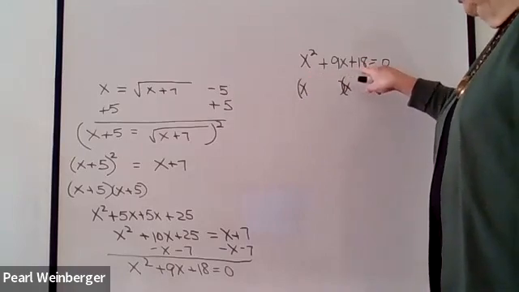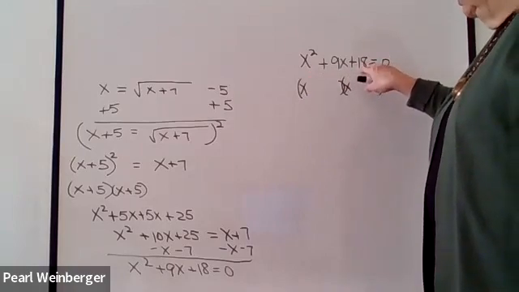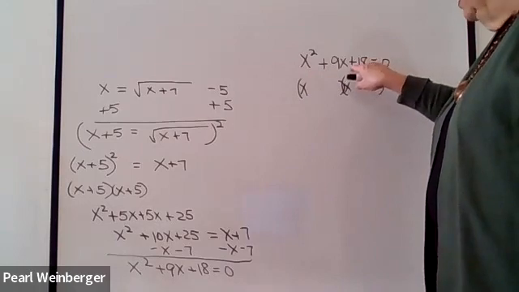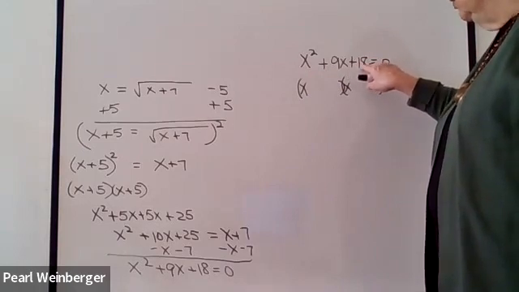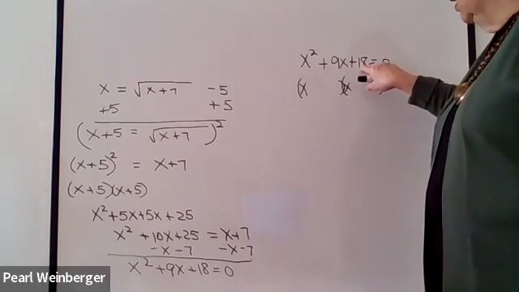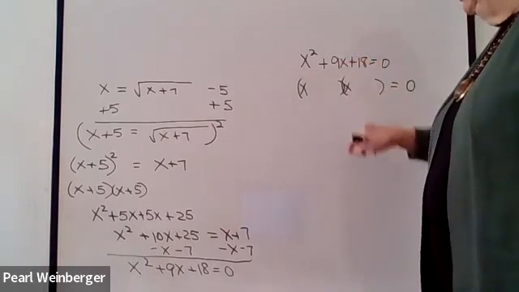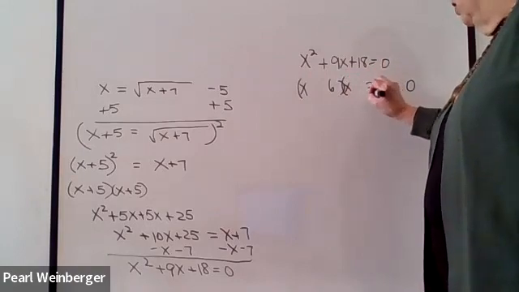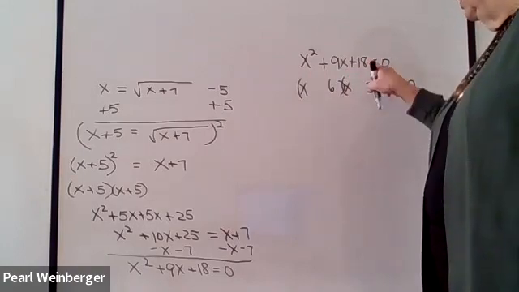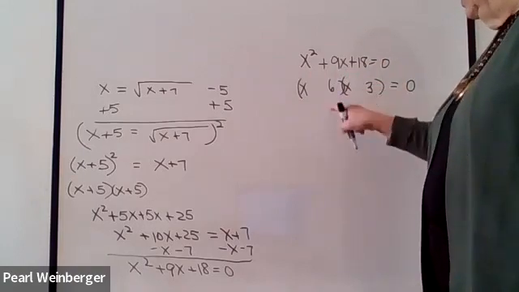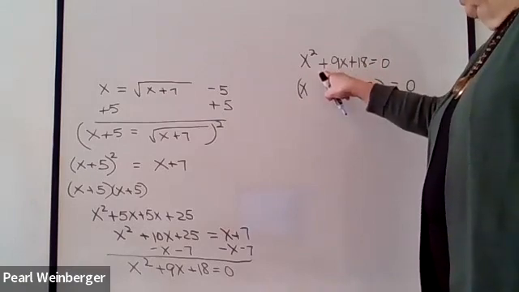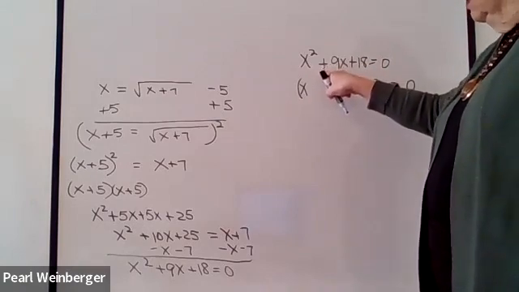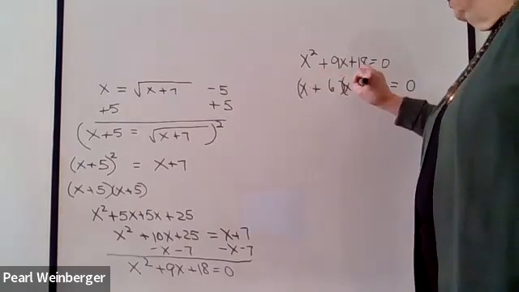Then remember, I go to the last term, which is 18, and this is positive. So I'm looking for 2 numbers that are going to multiply to 18 and add to 9. And it's going to be 6 and 3, because 6 times 3 is 18, and 6 plus 3 is 9. And since, remember, both signs are going to be the same, the middle sign is plus, so they're both going to be pluses.